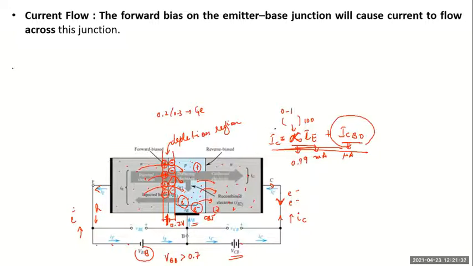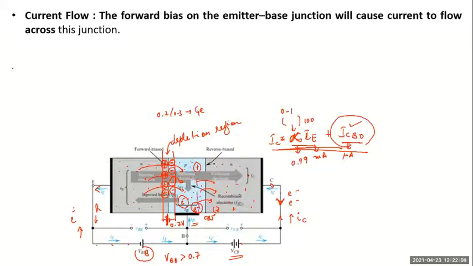And this current has 99% of the electrons coming from the emitter and say 1% or 2% of the electrons coming from the base. In base, electrons are the minority carriers. So this we call the reverse saturation current because the base collector junction is reverse biased.